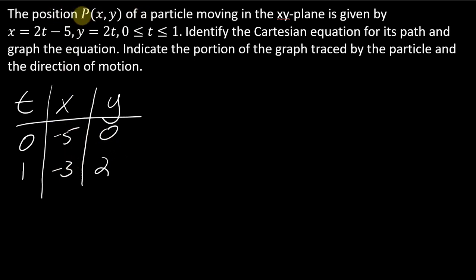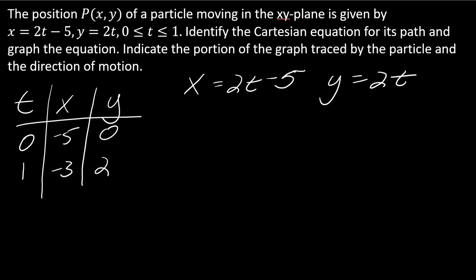So let's talk about how I get this into a Cartesian equation. I have x equals 2t minus 5, and then I have y equals 2t. You can be a little creative in how you relate these two equations. Basically, you are trying to bring the t together in these two equations so that you end up with one equation in terms of just x and y.